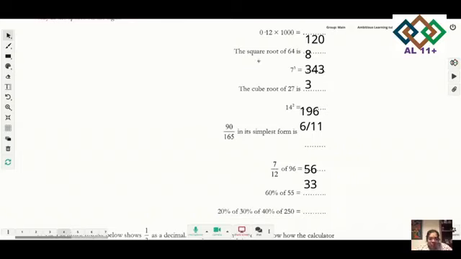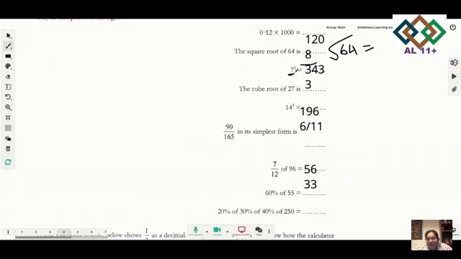The next one was the square root of 64. Basically, when they're asking you about square root, remember the square root sign is something like this. You need to find the number that multiplies by itself, so the answer we got was 8. The next one is an easy one, 7 cubed.